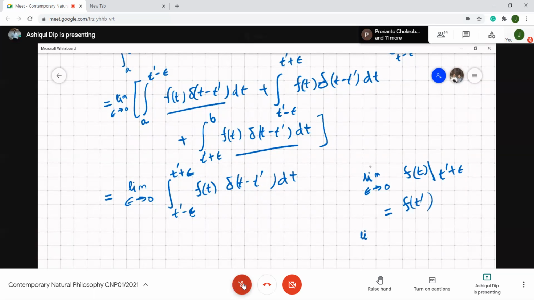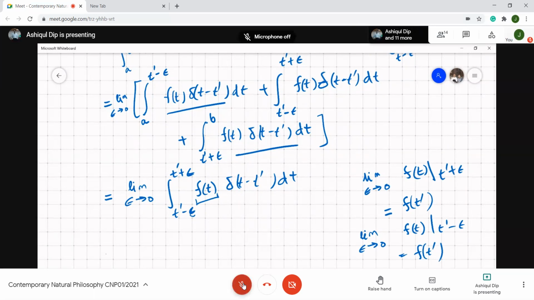Also, what about the lower one? Limit epsilon tends to 0, it will also give f(t′), again f(t′), right? As epsilon is really small, over this range f(t) remains mostly the same, which is f(t′), right?